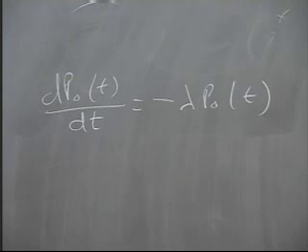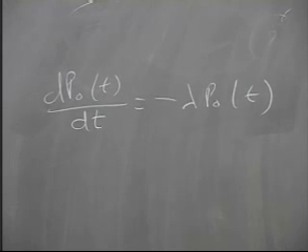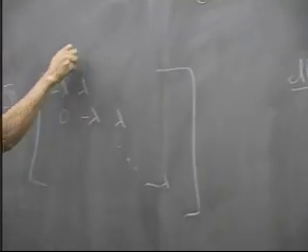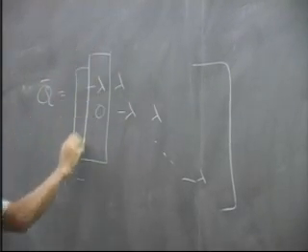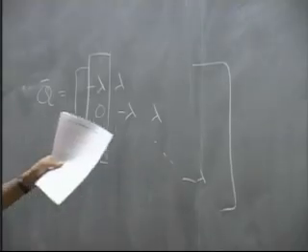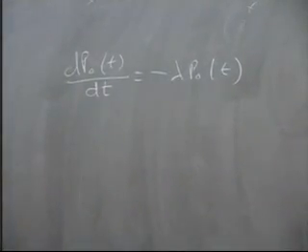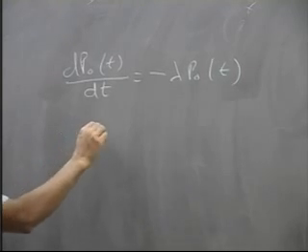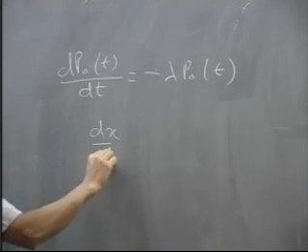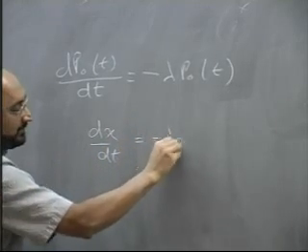Am I doing this right? I think I made a mistake here, because of the zeroth state. Yeah, it's a 0 coming in. That's right. So this is the column over here. Minus lambda 0, so we get dp0(t)/dt is minus lambda p0(t). And this looks just like dx/dt equals minus lambda x.